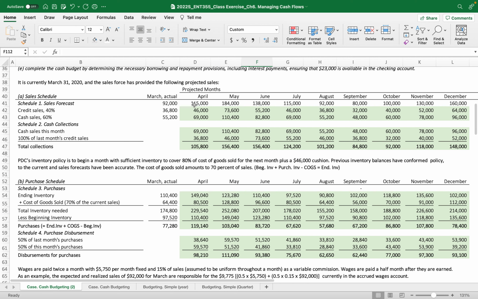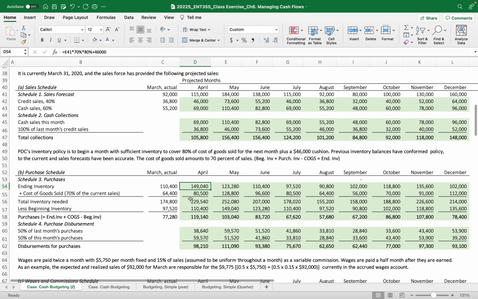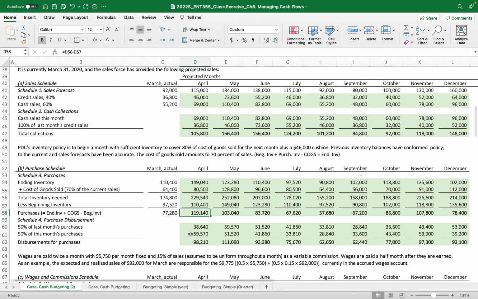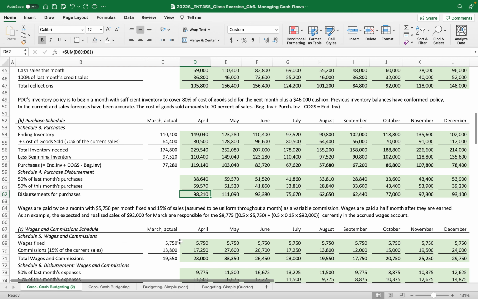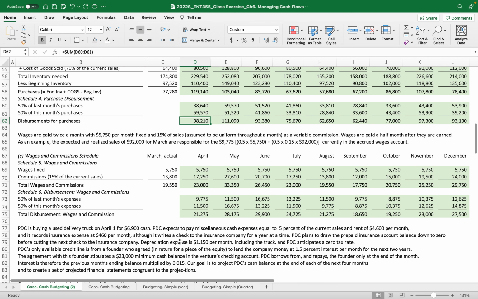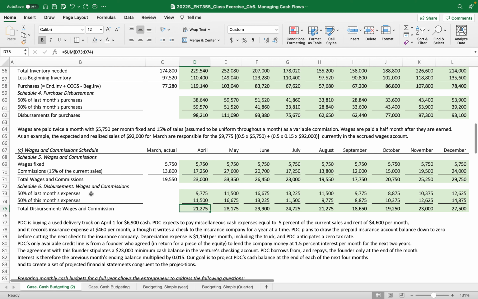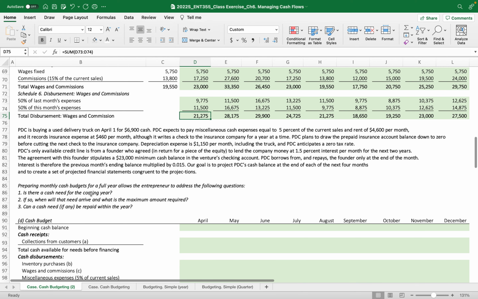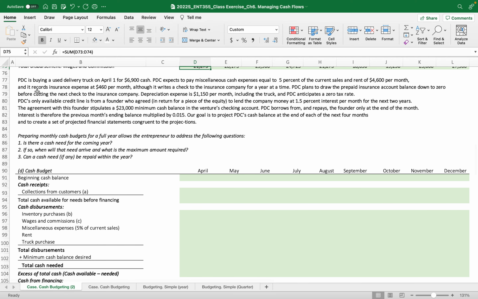That's why sales is different from collections, the purchase of inventory is different from the disbursements for the purchase, and the wages and commissions are different from the actual cash out for wages and commissions. Please read those descriptions to build the cash budget.